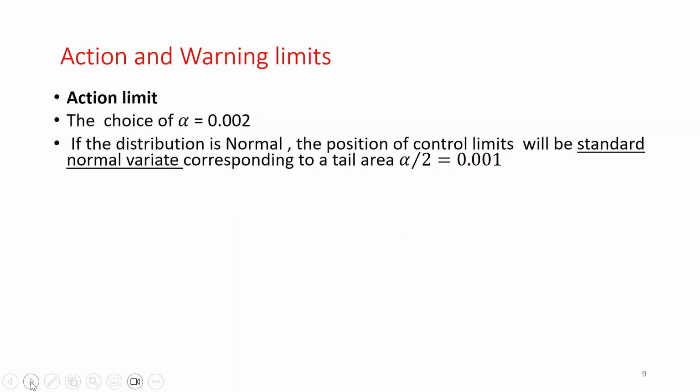The choice of alpha generally is 0.002. If the distribution is normal, the position of control limits will be the standard normal variate corresponding to the tail area alpha by 2, which is equal to 0.001.